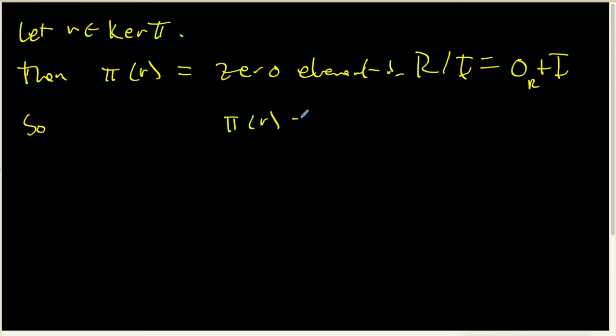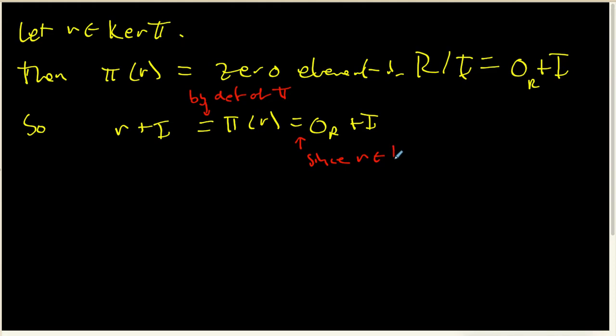Pi of r is equal to 0 plus I on the one hand, but the definition of pi says that it's also equal to r plus I on the other hand. In other words, this equation is by the definition of pi, and this particular equal sign is since r is supposed to be in the kernel of pi.